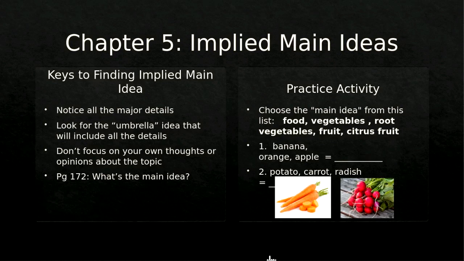Okay, so I'm going to let you try this. Here are the words that could possibly be main ideas for these topics, but you have to choose which one you think would fit. Food, vegetables, root vegetables, fruit, or citrus fruit. Okay, those are the ideas.